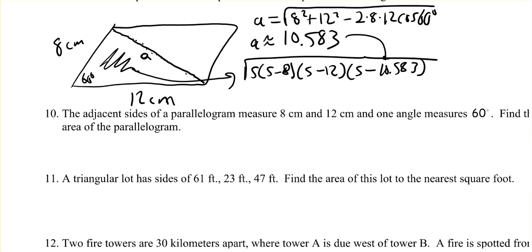So 8 plus 12 plus my answer for side A, divided by 2, is S. Area is S times S minus A, S minus B, S minus C.